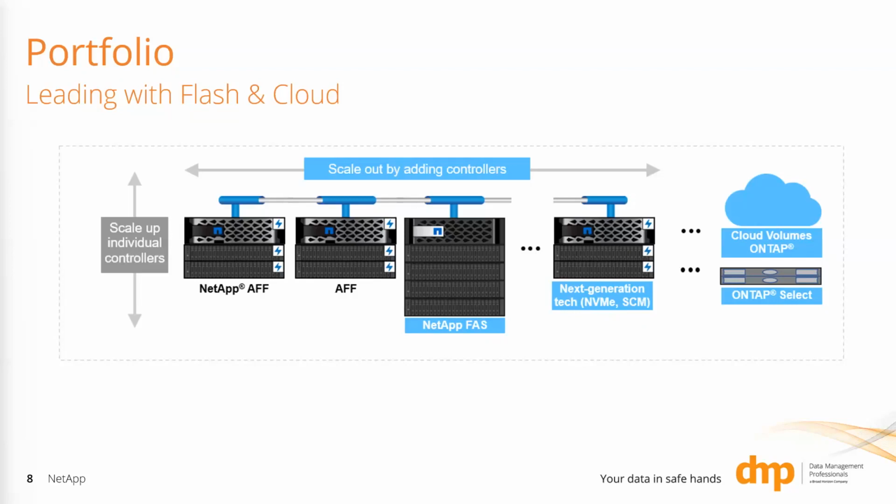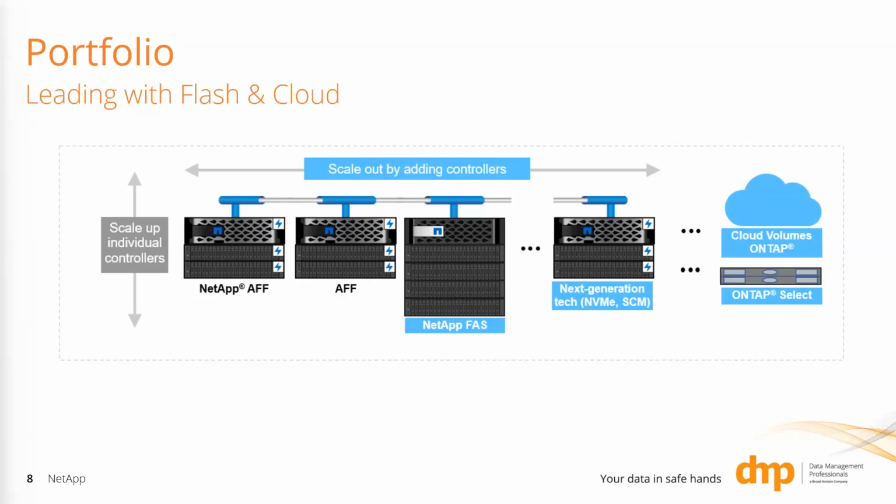Basically, there are three types of controllers. You have the all-flash controller. Currently, most systems are internally full NVMe. And you have the hybrid, which is a combination of flash and spinning disks. And we have the spinning disks based on SAS and capacity.